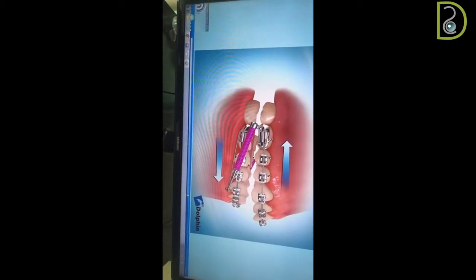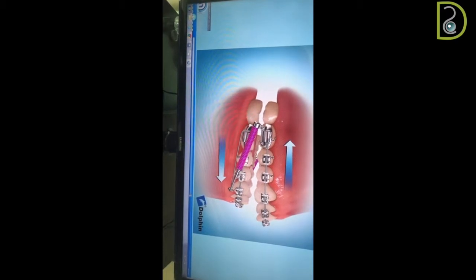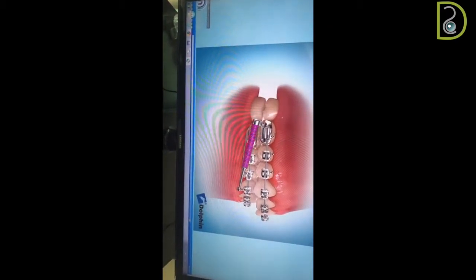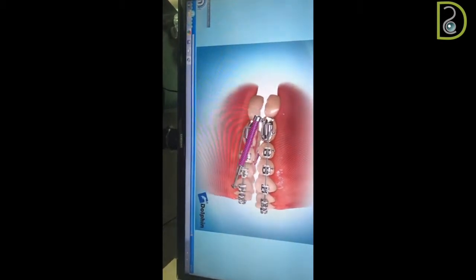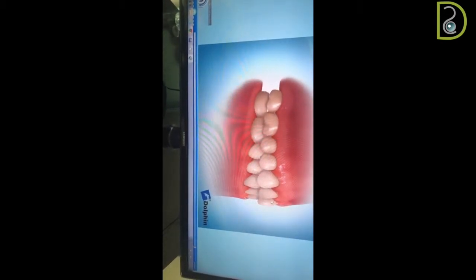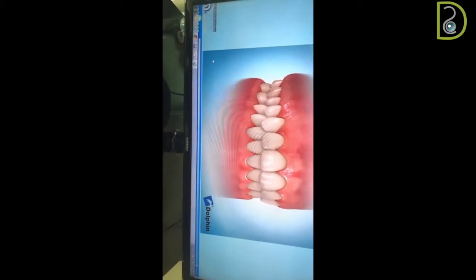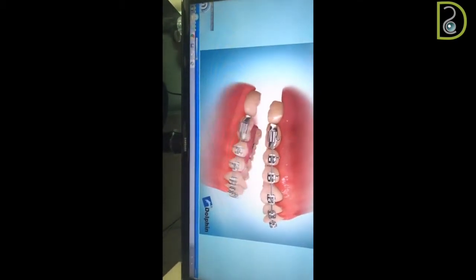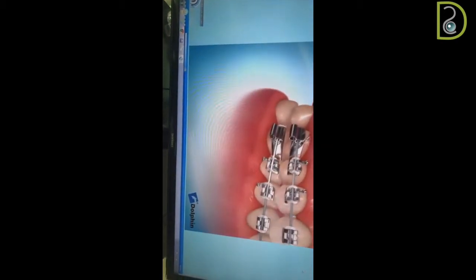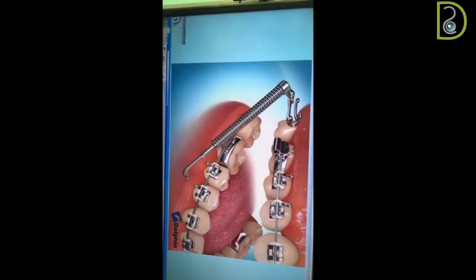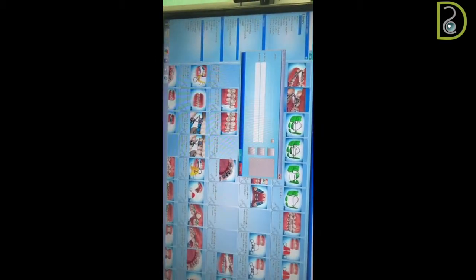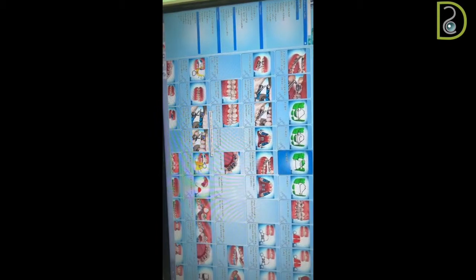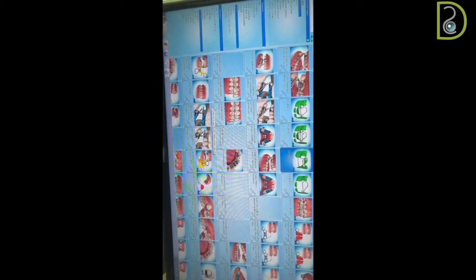So it's a very good appliance. Look at the central incisor. It goes backward. Why? Because you're pushing the 6 backwards, so the anterior teeth go backward as well. Okay. So this is the forces appliance, and there are many appliances that we use for class 2 correction. Now, there are other doctors who like to use removable appliances.